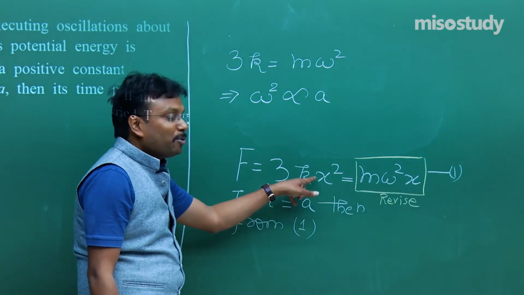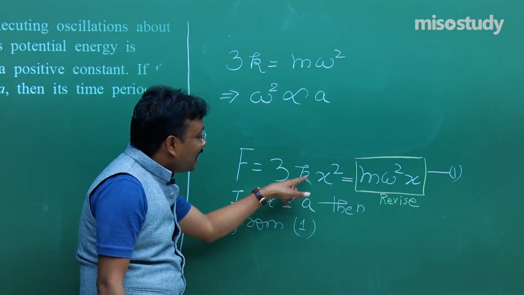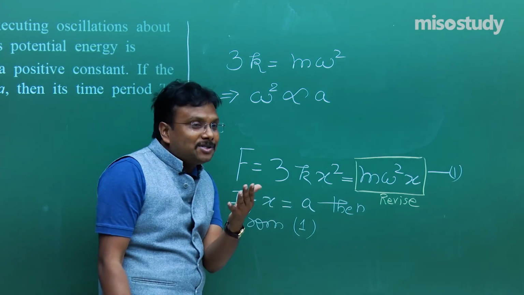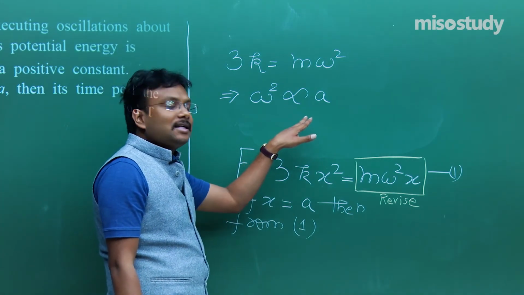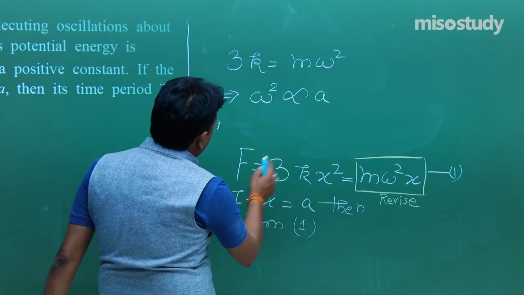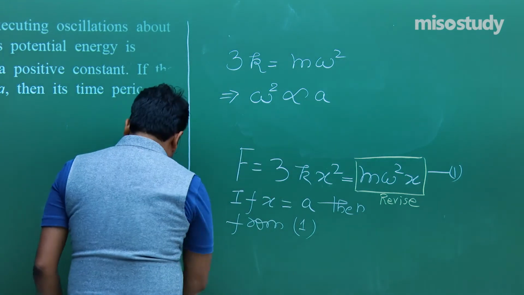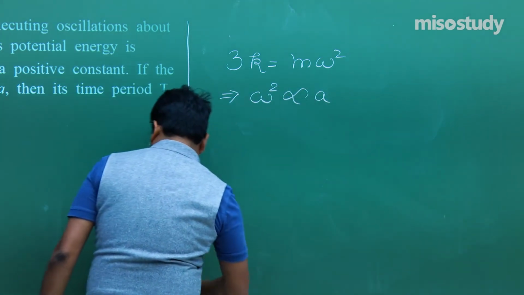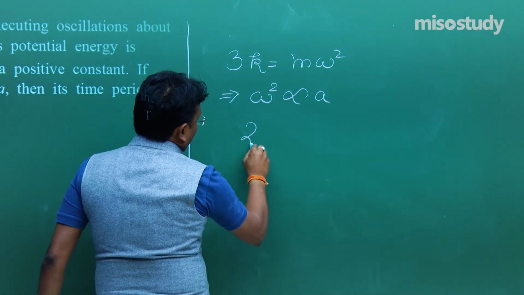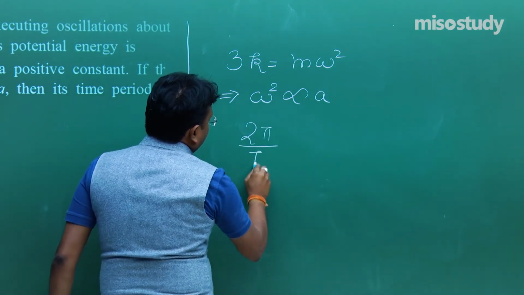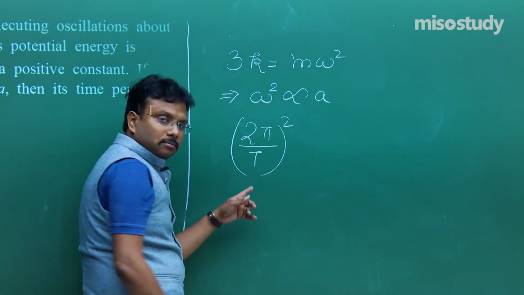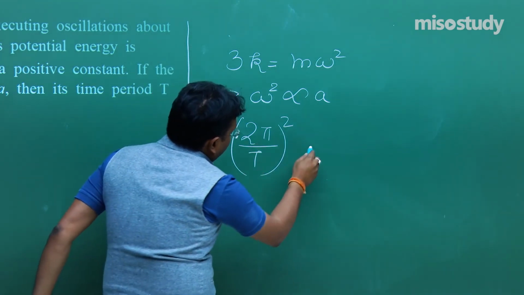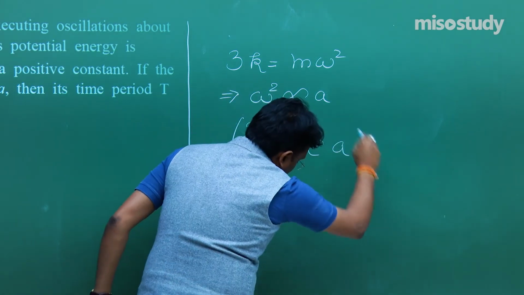So here you have to put the value of a, you will get 3ka is equal to m omega square. That step I escaped, and then I am saying omega square is directly proportional to a. It means (2 pi upon t) whole square is directly proportional to a.